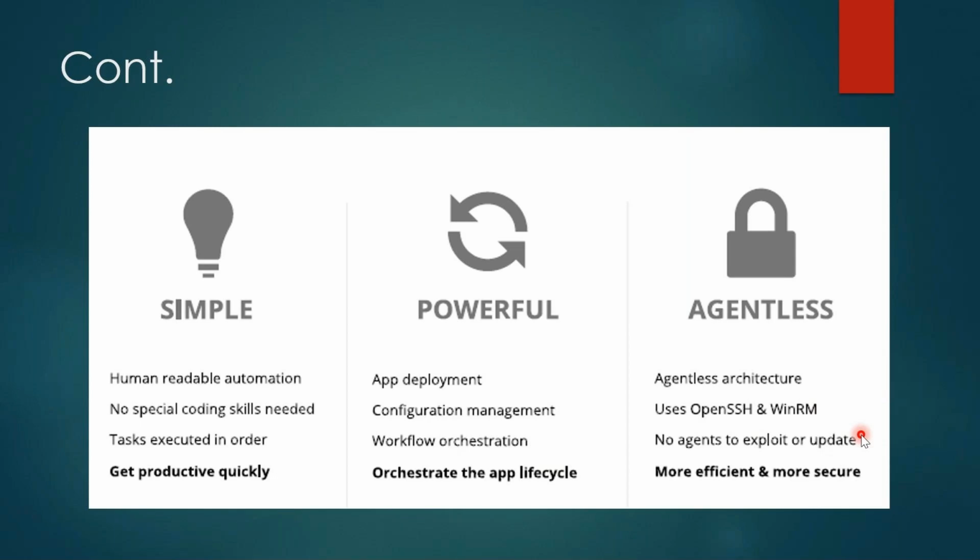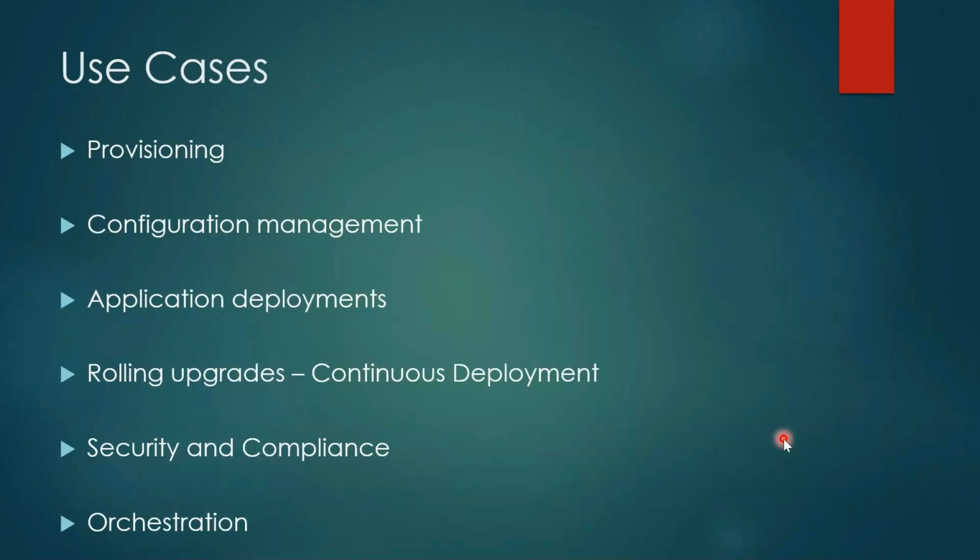But here, Ansible is a very easy tool to learn, and also very powerful because of being agentless. Once you install Ansible on one machine, you can control all the machines without any repeated work. Once the communication is set up, it's fine. It's more efficient and more secure.